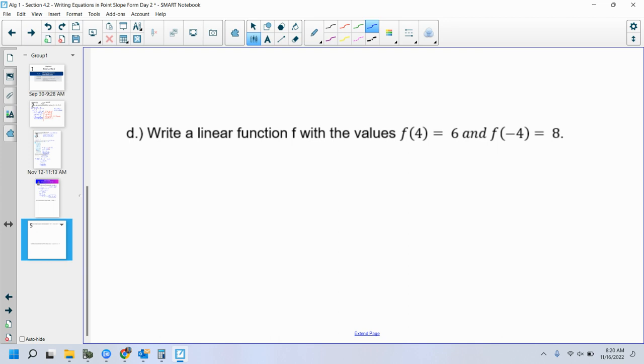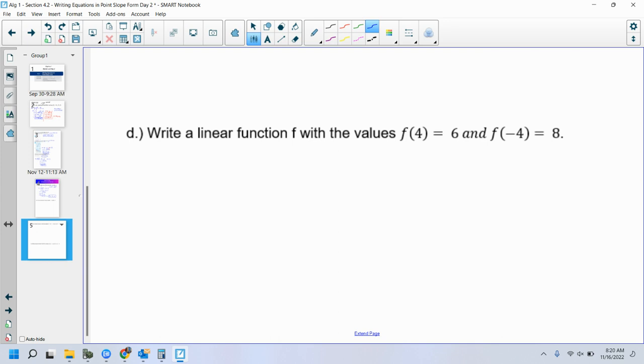Good. I've seen a lot of people getting done already. All you need to do in the end is just say f of x is replace y.